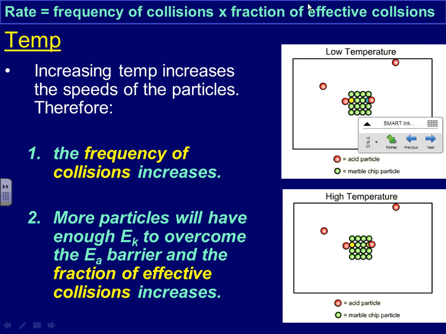I don't think it takes too much imagination to realize that if you've got particles moving faster, number one, they're going to run into each other more frequently. So you're going to have more collisions. And we just saw on our Maxwell-Boltzmann distribution curve, you also have more kinetic energy in each of the particles, and therefore you have changed the fraction of effective collisions. You've changed both factors. So not only are they running into each other more often, they're running into each other more effectively.